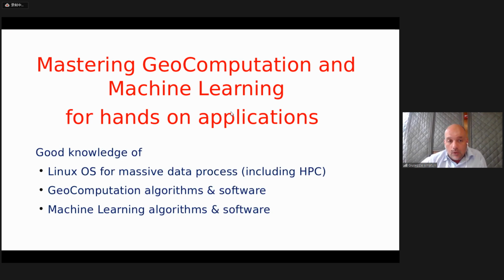So these are the other points that you really need to understand very well: the algorithm, the software, and the code of the software that you're using, in order to understand what to do and how to implement it. And the same for the machine learning software.